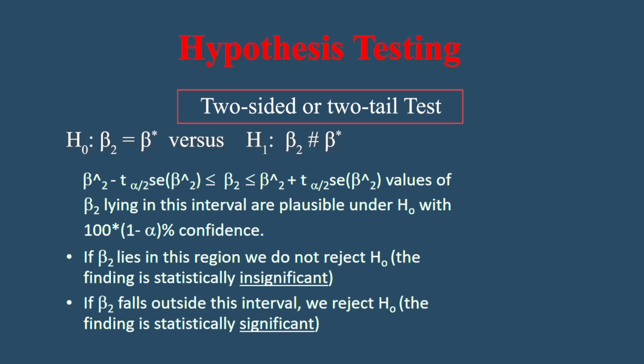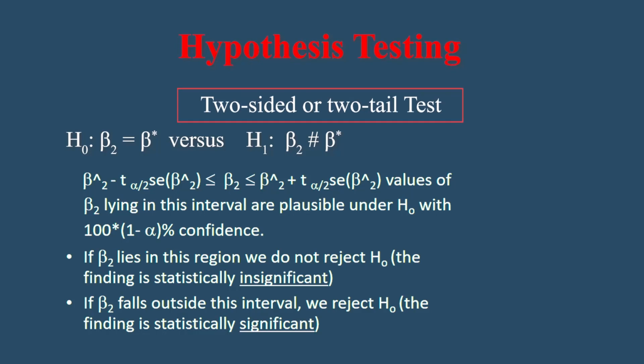This confidence interval says that beta 2, which is the population parameter, basically the slope coefficient of the regression model, lies in between the left-hand distribution or the right-hand distribution at alpha by 2 level of significance. So this goes back to the issue of either accepting or rejecting the null hypothesis.